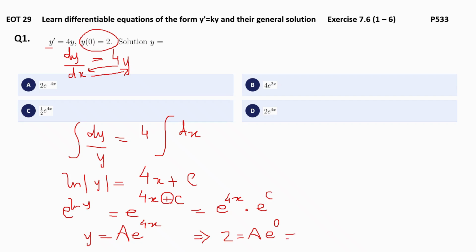So what's the value of A? 2. Now let me look at the options. Starting with y equal to, it's not given, so I can start with the A value, that's 2. So you can rule out option B and option C. E to the power 4x, because the expression is given here. So 2 e power 4x is nothing but option D.